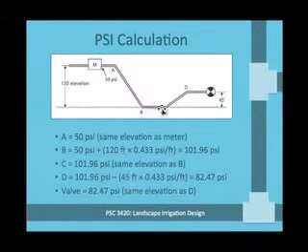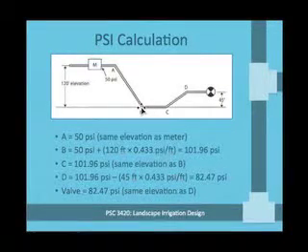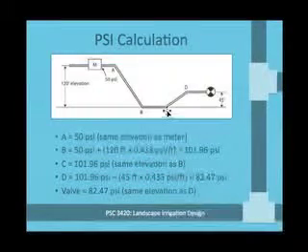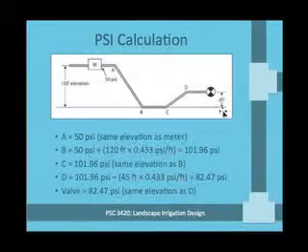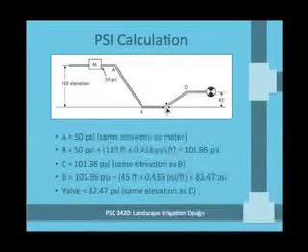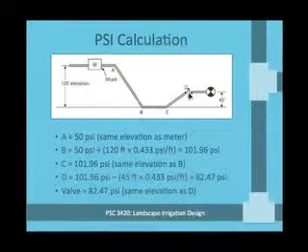Now what about from B to C? Those are at the same elevation. There's no change there. So the pressure at C is going to be the same as the pressure at B, 101.96. But then there's another slight elevation change, and you can see here that it's described as 45 feet, and it's also going up, so there's going to be some loss of pressure.